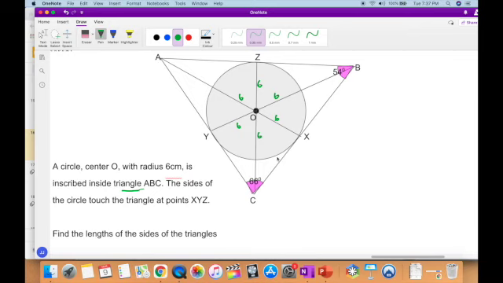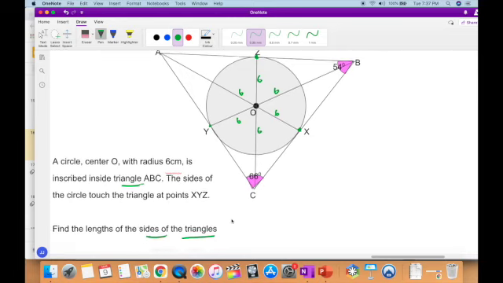The sides of the circle touch the triangle at those points X, Y, Z. Even though it doesn't look like it because it's not drawn to scale, each side only touches the circle at that one point, and therefore each side is a tangent. Find the lengths of the sides of the triangle.